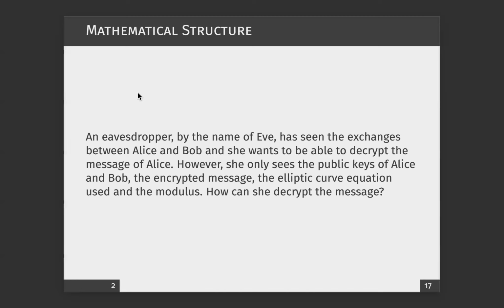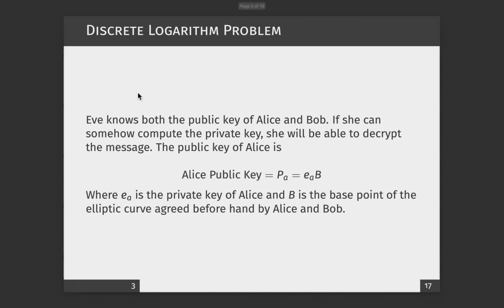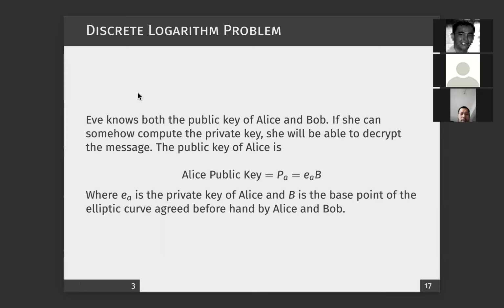Before we go there, Eve knows the public key of both Alice and Bob, because that one is public.